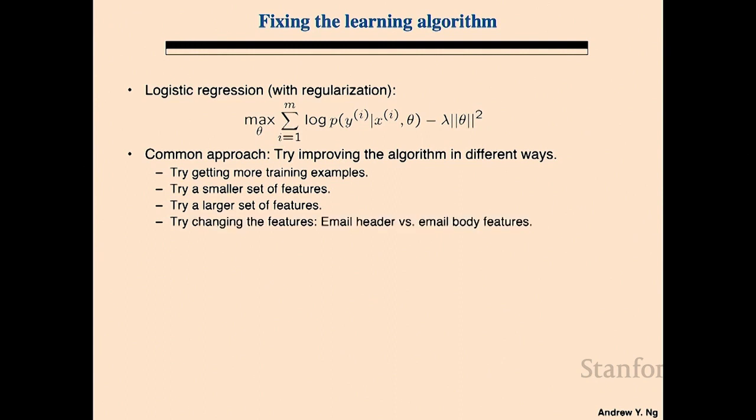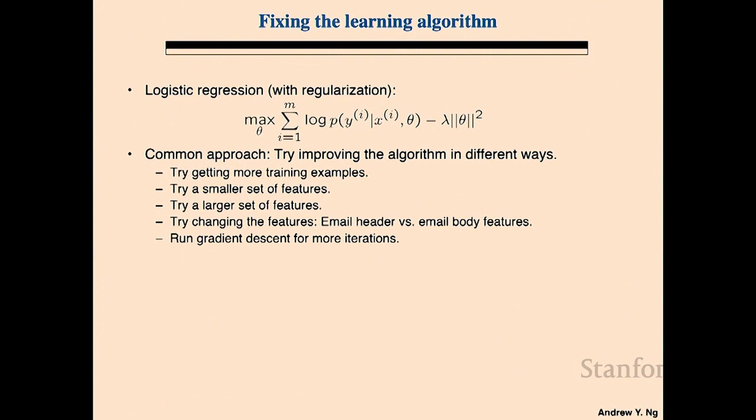Or you might want other designs of the features. Instead of just using features in the email body, you can use features from the email header. The email header has not just a from, to, and subject, but also routing information about what's the set of servers on the internet that the email took to get to you. Or you could try running gradient descent for more iterations.